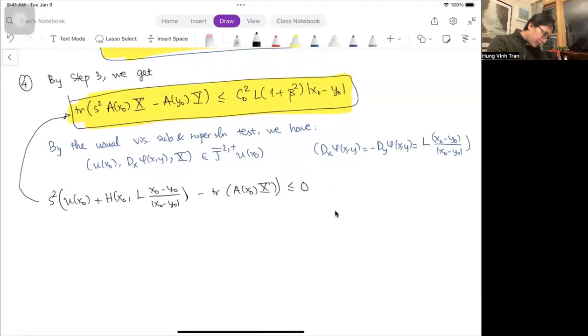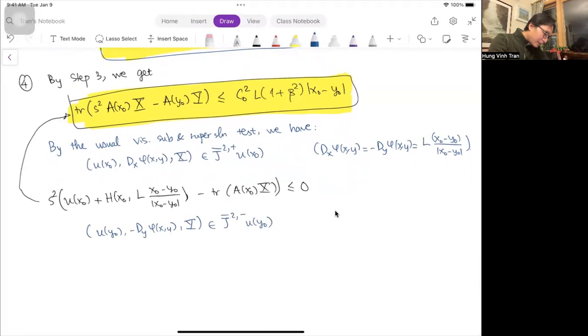Okay, and then, let me also be careful. The second thing is that u of y naught, minus Dy phi of x y, y is in the subjet.